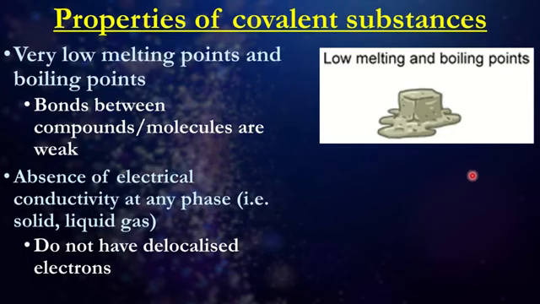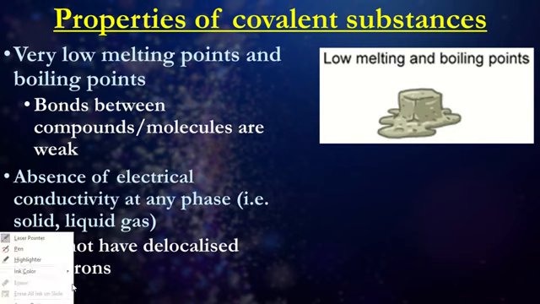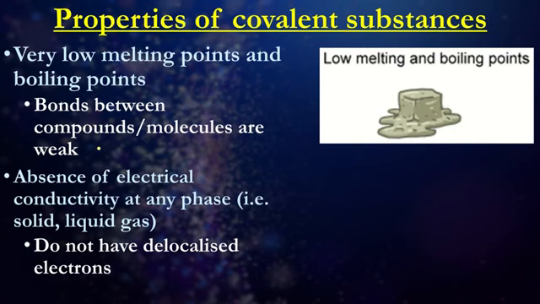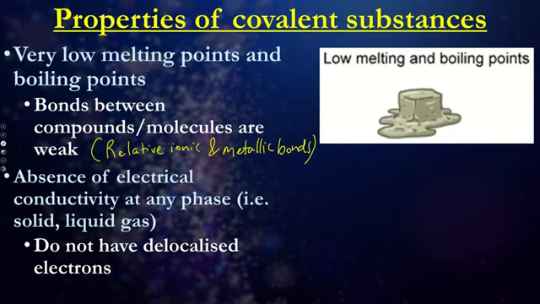Out of all the bonds we've talked about, all the intramolecular bonds, these have the lowest strength, so they're the weakest ones. That's why all covalent compounds, relatively speaking, have a low melting point and a low boiling point, just because their bonds are weaker in comparison to ionic bonds. So this is relative to ionic and metallic bonds. So they're weaker compared to those.